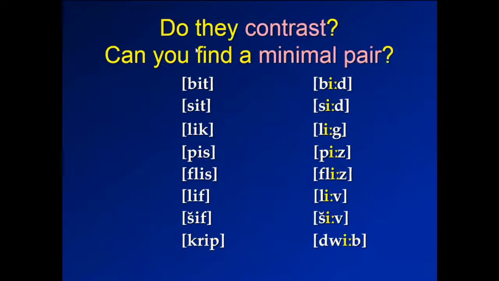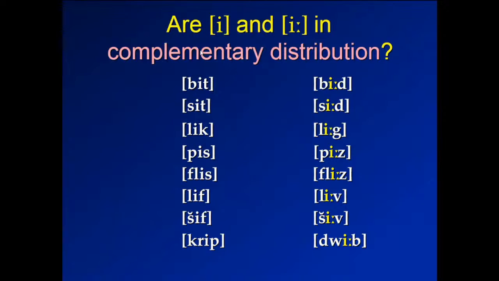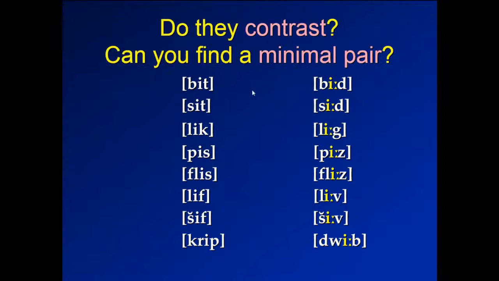So, do they contrast? Can you find a minimal pair? We don't have a minimal pair because we have got the two vowels, and we have got t and d, so more than one sound that is different. Take sit and seed: two different sounds in these two words.